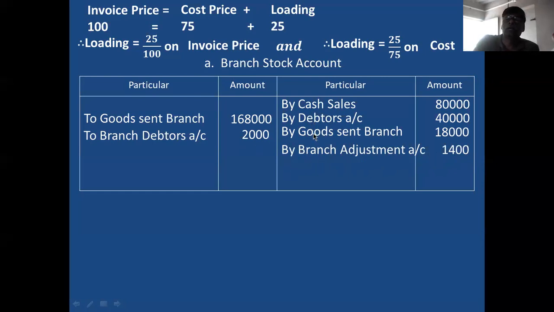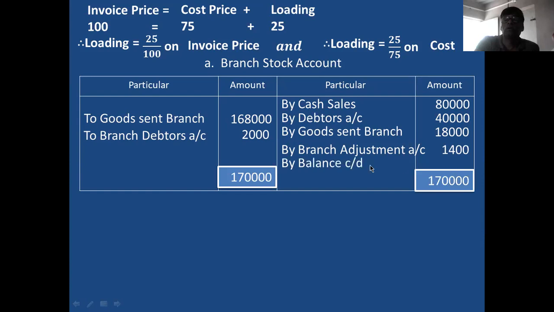And the fourth item is closing stock. You have to ascertain the closing stock. So totally 1,70,000. Difference is by balance carried down, 30,600. In this way, you ascertain the branch stock account balance.